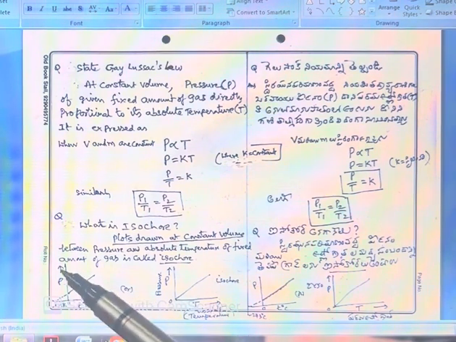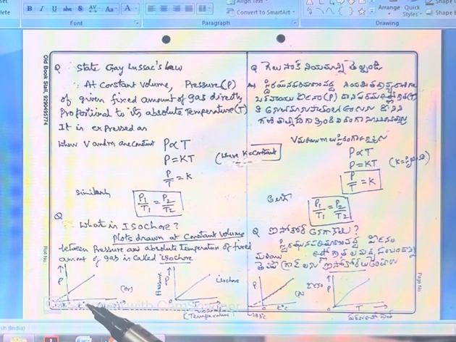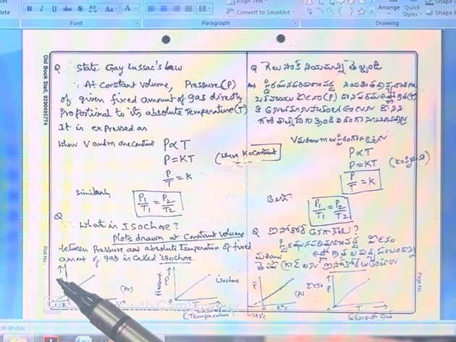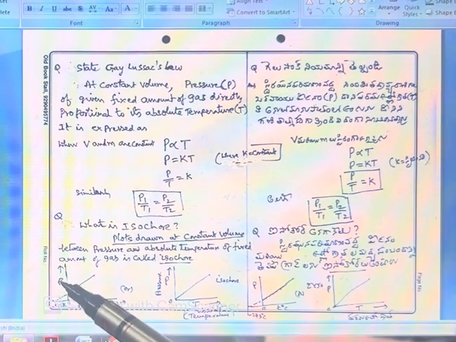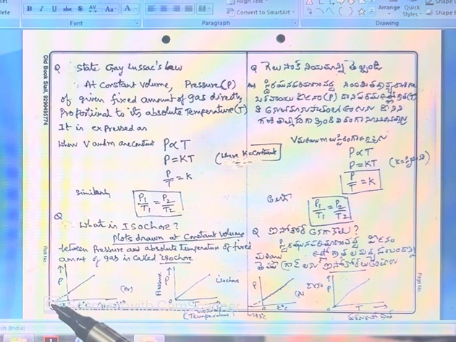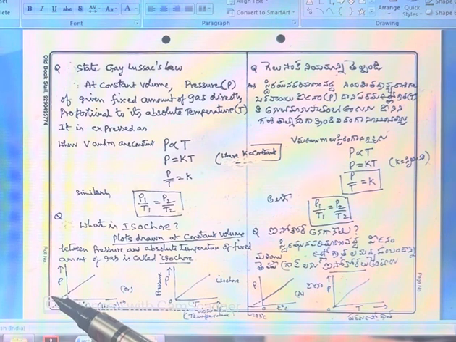Similarly, in Charles' law you will get V directly proportional to T in degree centigrade with the same intercept V0 on the y-axis, and this line meets the x-axis at minus 273 degrees centigrade, known as absolute zero, where the volume or pressure will become 0.